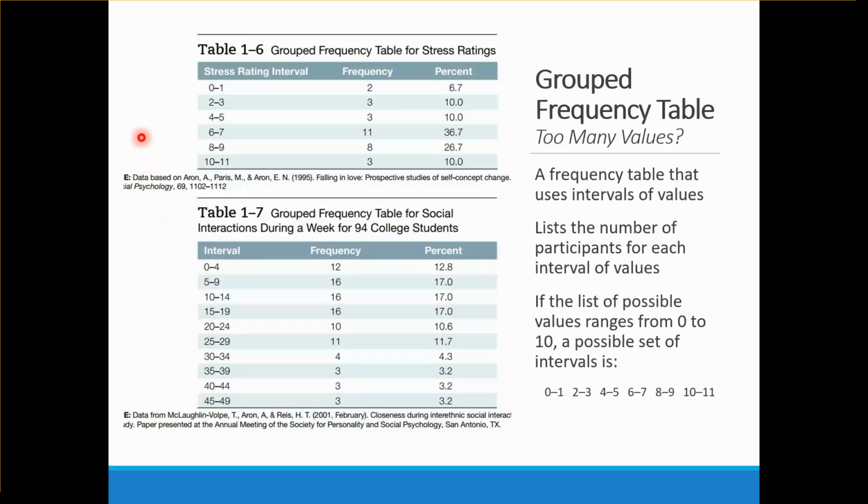If you have a very long table with a lot of individual numbers, it might be easier to do it grouped. So if you have too many values, you might use a grouped frequency table.